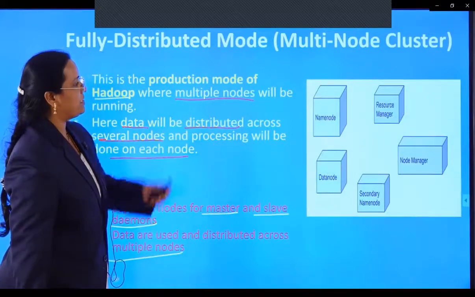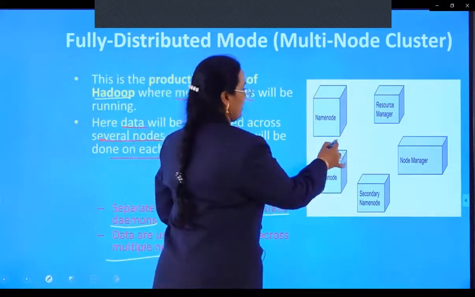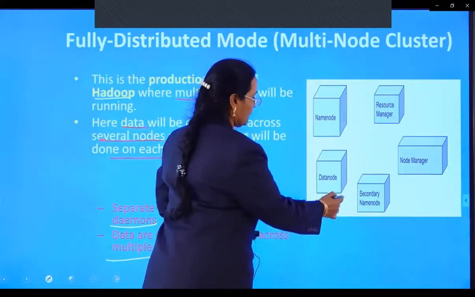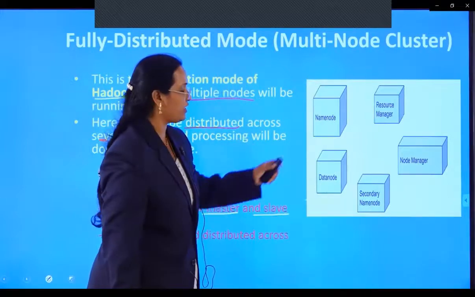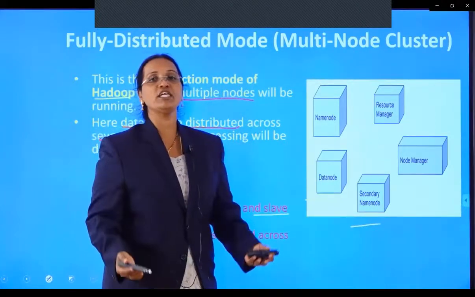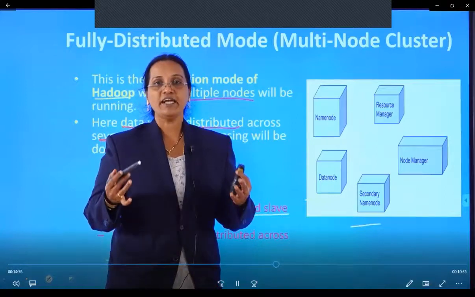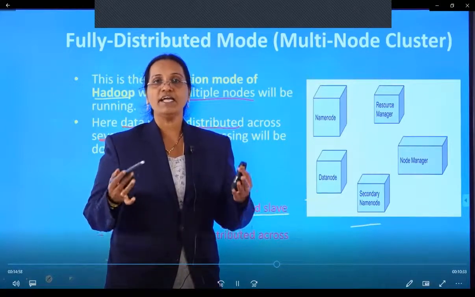So the picture looks like this. So you have separate machines here. We have master nodes, and we have slave nodes where it is storing the data node. We have secondary nodes where in case my name node is not working, as the name node stores metadata, the metadata is nothing but data about data.